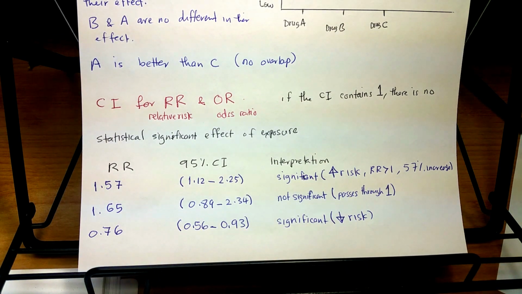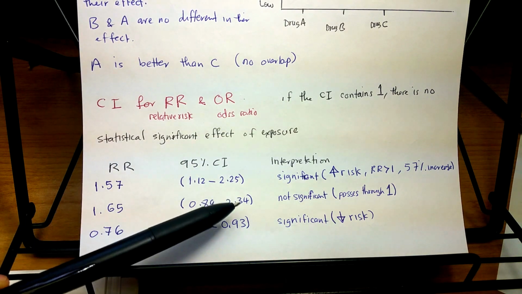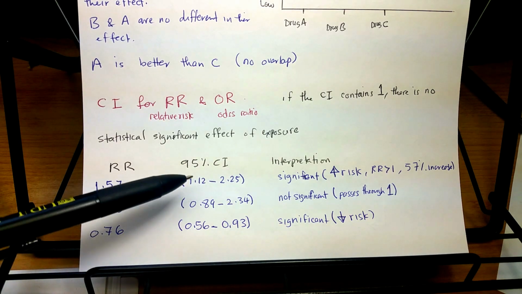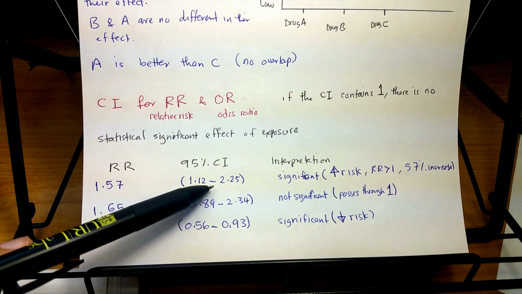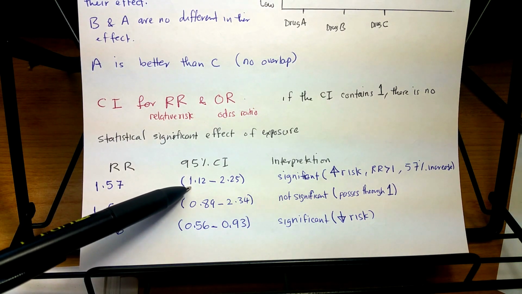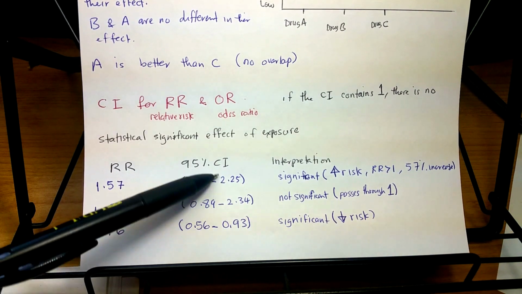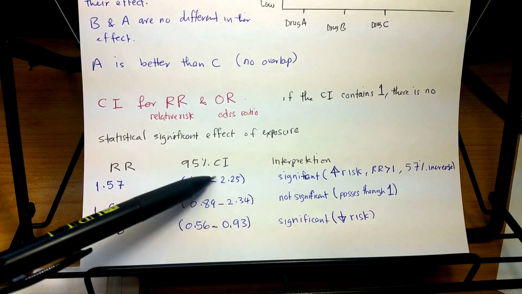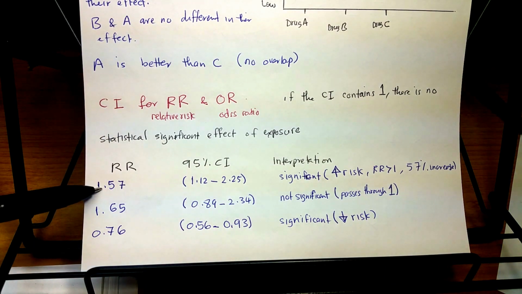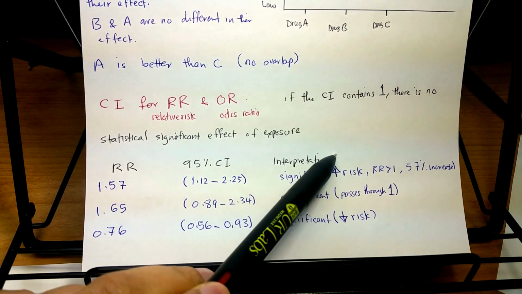So when they give us the relative risk and the 95% confidence interval, we have to look first at the 95% confidence interval and see if it traverses the number 1 or not. So here it's 1.12 to 5. It didn't traverse 1. 1 is not in between these two values. So that means it's significant. The relative risk here is more than 1. It's 1.57. That means there's increased risk.